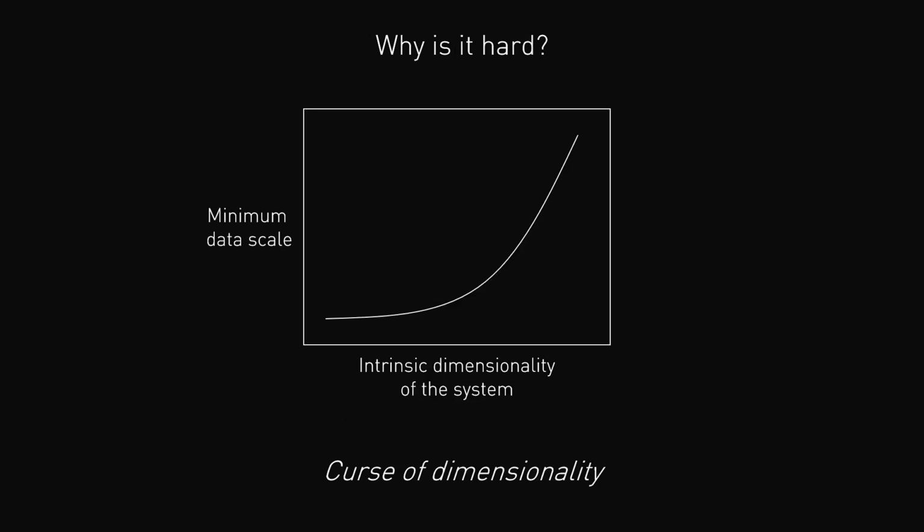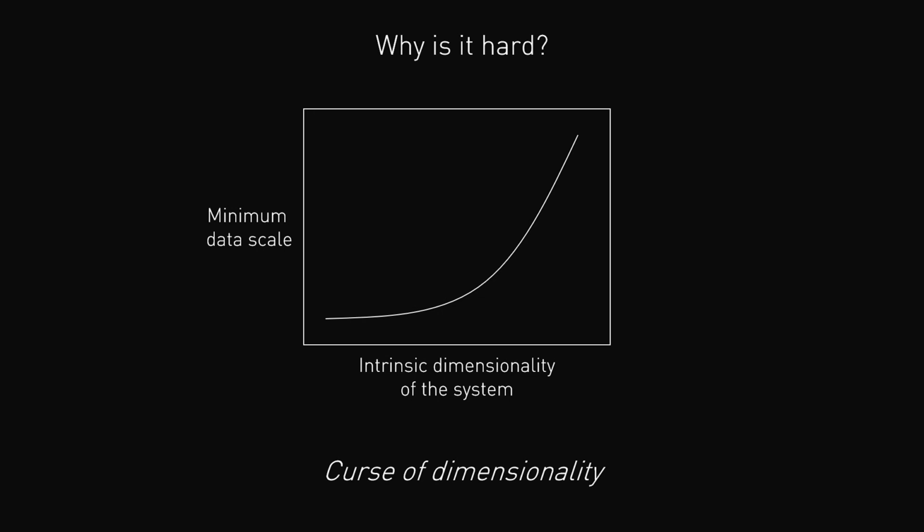Now, the question is, why is the building of models here difficult? Well, the fundamental problem is that the systems that we're studying here, the brain, but really biological systems more generally, are extraordinarily complex. Their intrinsic dimensionality, that is the number of features that one needs in order to describe them adequately, is very large.